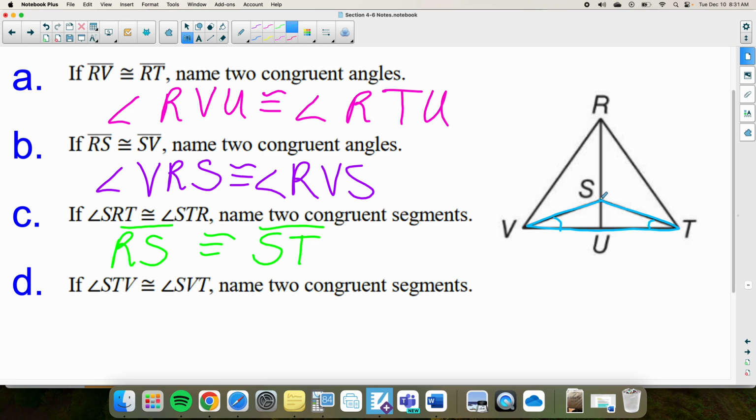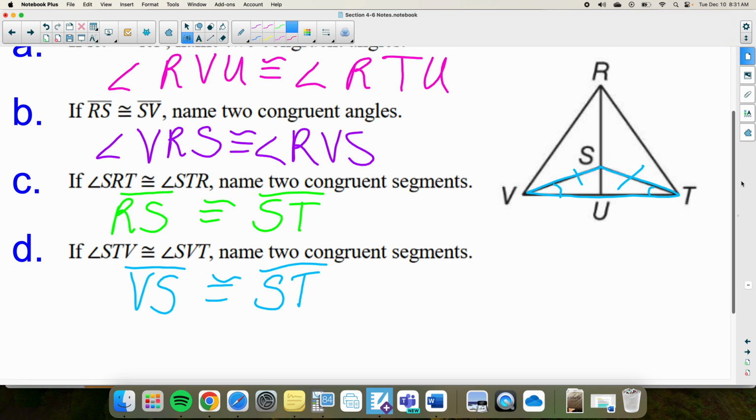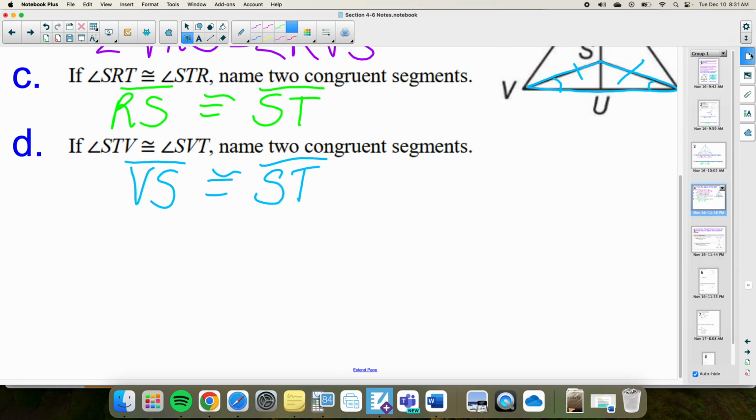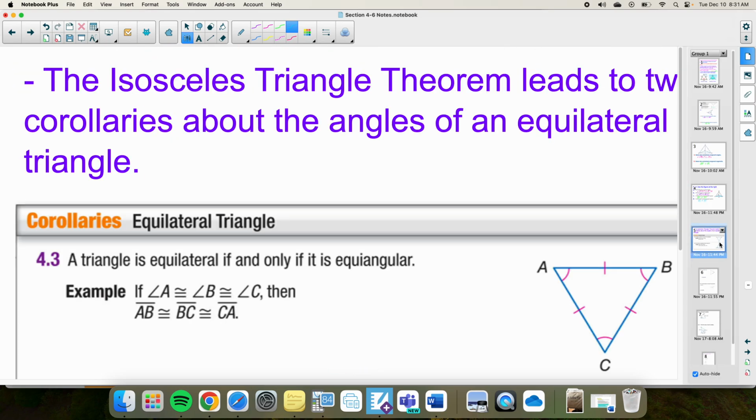Can you tell? Yeah, VS and ST. Very good. So we would say VS, segment VS is congruent to segment ST. Okay? So that's what the beginning of the assignment is like.